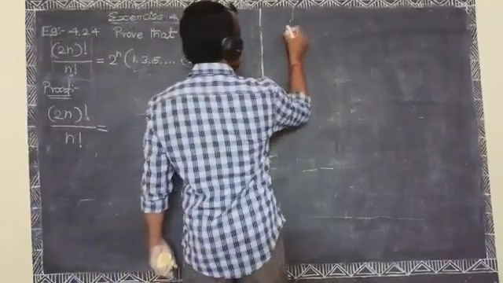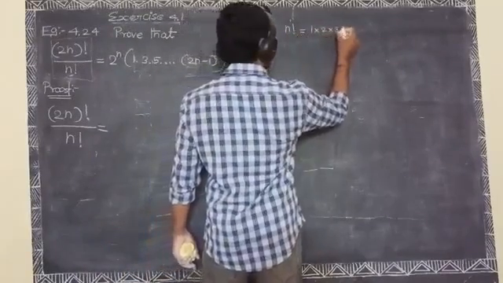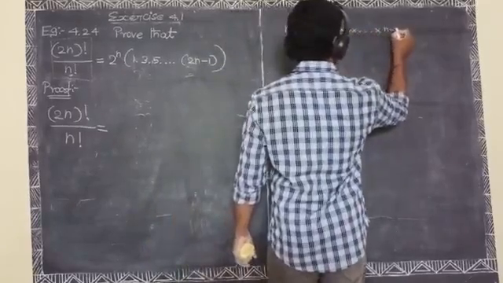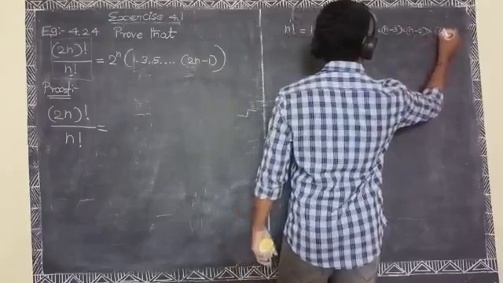Already we know that n factorial is equal to 1 into 2 into 3 into 4 into and so on up to n minus 3 into n minus 2 into n minus 1 into n.